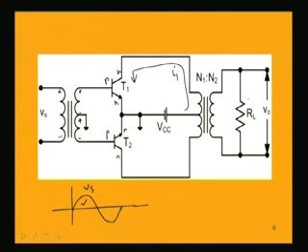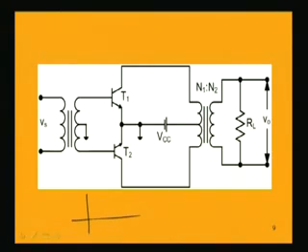Now, in the other half of the input cycle, that is in the lower half, the negative half cycle, what will happen is we get this point positive, the induced EMF will be having these polarities, so that now the transistor T2 is forward biased in the emitter base junction, because P is connected to positive, it will be forward biased, and the other transistor T1 will be reverse biased.